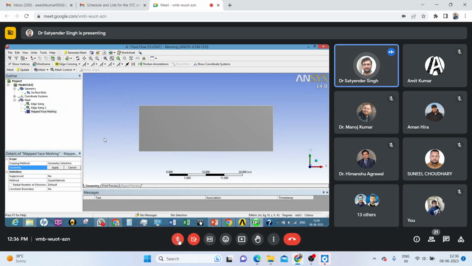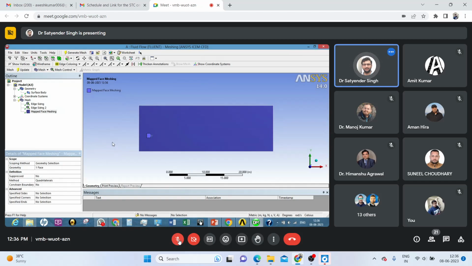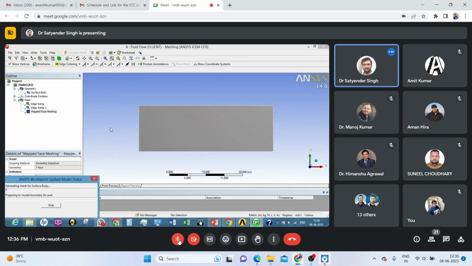I think you already had a lecture on meshing, so I'm not going to discuss mesh techniques in detail. So just showing you, I'm going to create a structured mesh, structured orthogonal mesh.